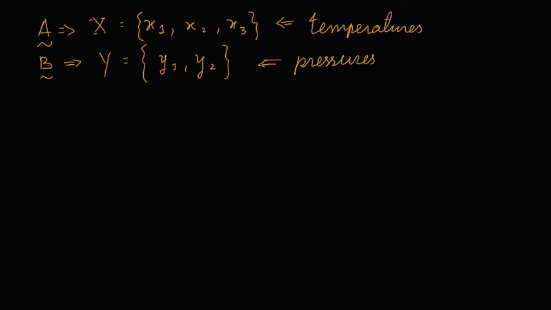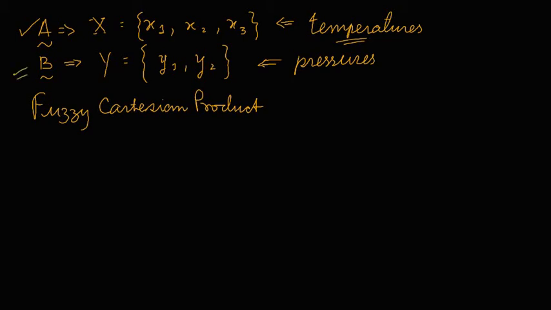And we want to find the fuzzy Cartesian product between them. Now fuzzy set A tilde could represent the ambient temperature here. And fuzzy set B tilde may represent the near optimum pressure of a certain heat exchanger.